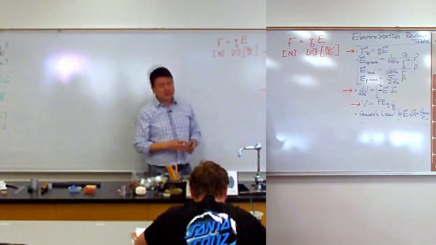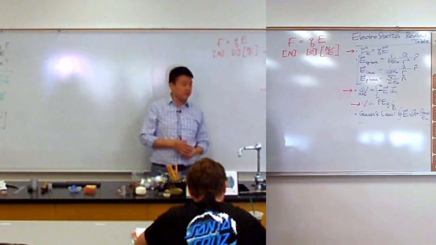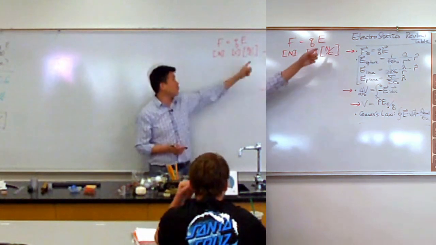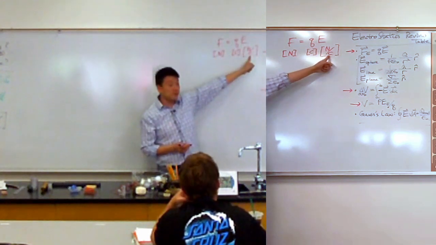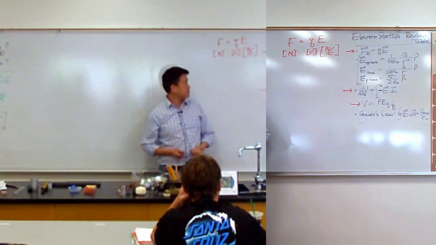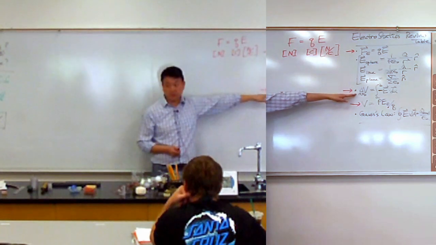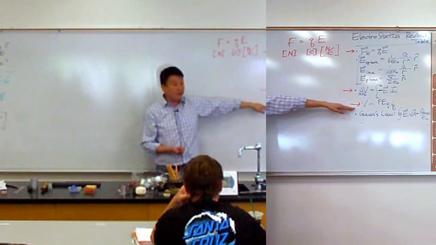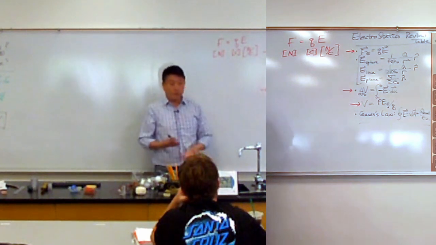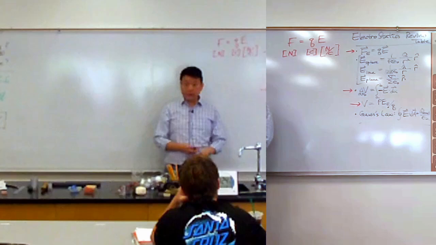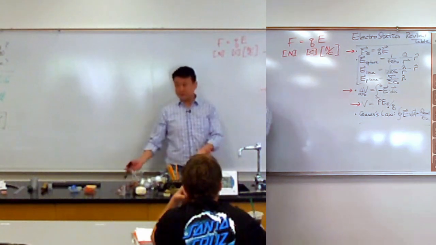But if you are doing any sort of experiment with electricity, you'll find that the most commonly used unit of electric field is actually not newton per coulomb, but something called a volt per meter. That's because it's coming from this relationship here. Let me actually do the other one first. I don't think I ever properly introduced the unit of volts. Volts are the unit of electric potential or voltage.